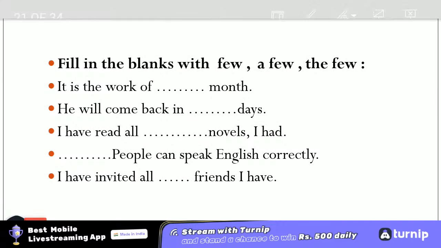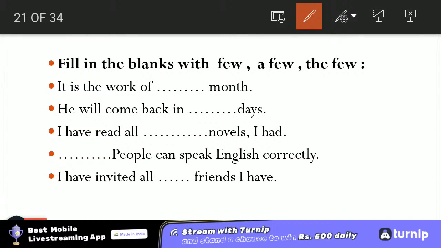Further, we will be talking about fill in the blanks with few, a few and the few. Since we have discussed the rules of few, a few and the few, we will be discussing the exercise dealing with these three determiners only: few, a few and the few. So the very first sentence is, it is the work of dash month.